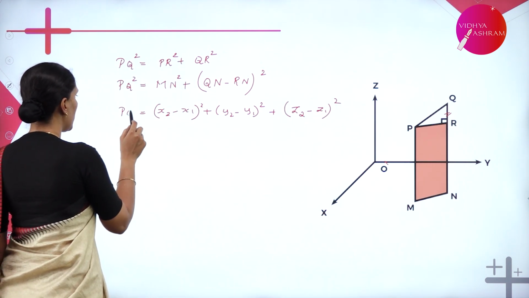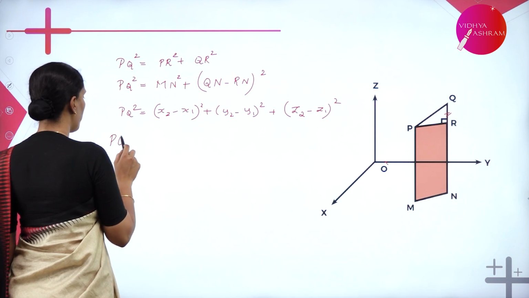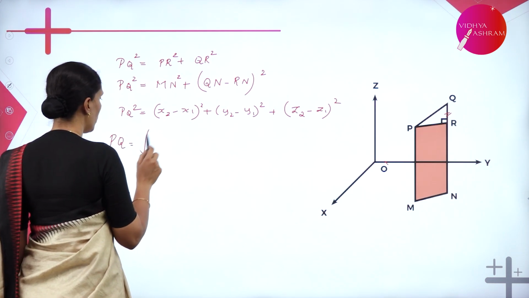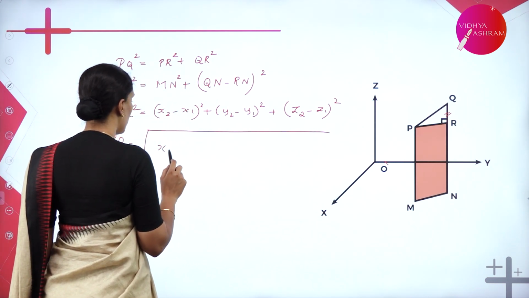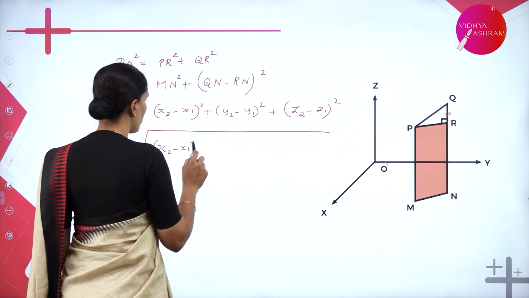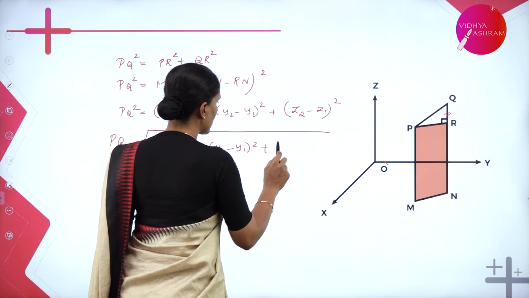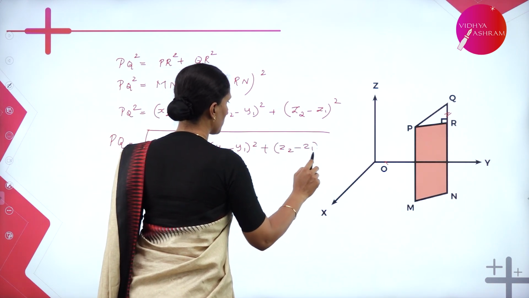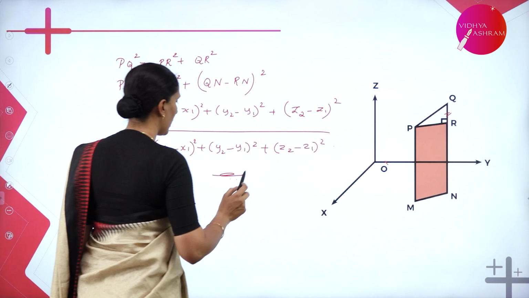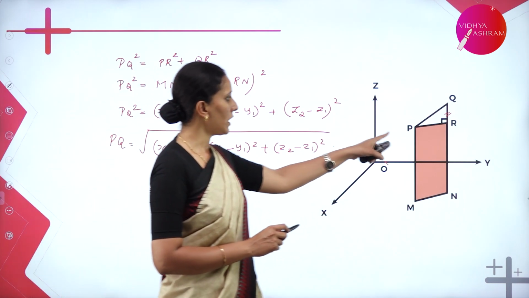So this is PQ square. Therefore, the length PQ can be written as the square root of (X2 minus X1) whole square plus (Y2 minus Y1) whole square plus (Z2 minus Z1) whole square. So this is the required distance between the points P and Q.